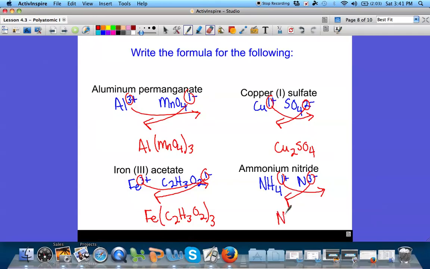So NH4, we have more than one of those, so we're going to put them in parentheses. So (NH4)3N is our formula for ammonium nitride.